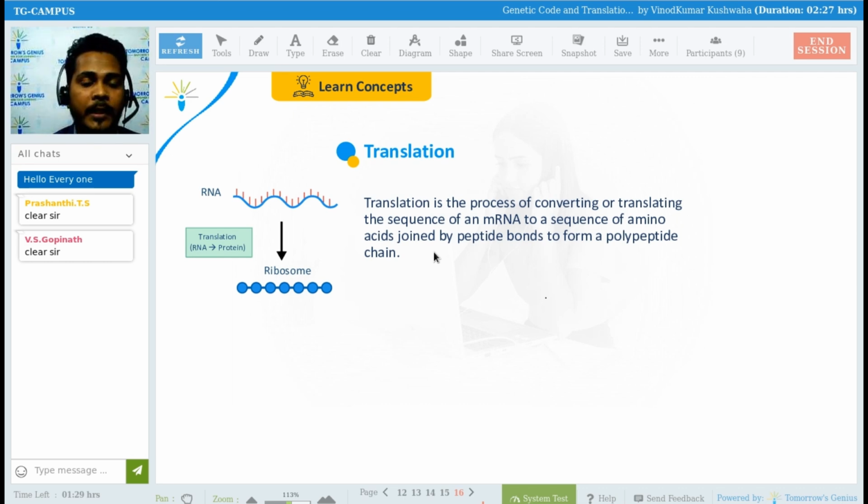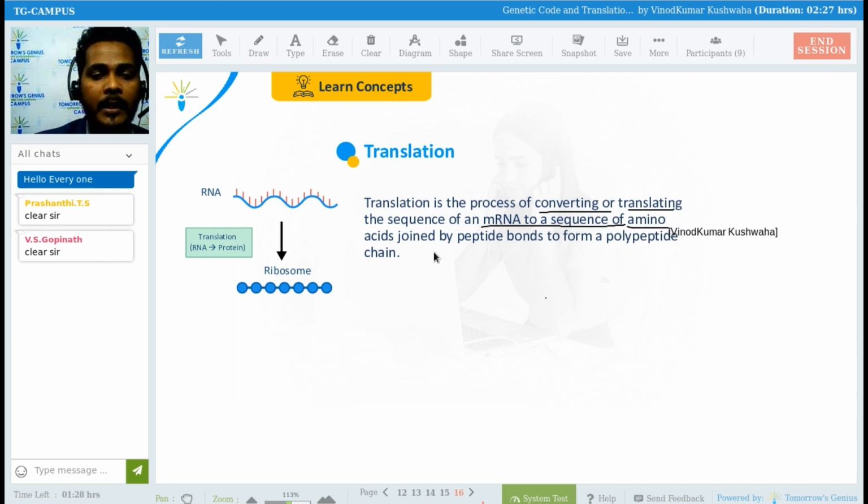So it has special machineries, which are called the translation machineries. What are those translation machineries? You can see here, this is just a definition: translation is the process of converting or translating the sequence of an mRNA into a sequence of amino acids joined by peptide bonds to form a polypeptide chain.